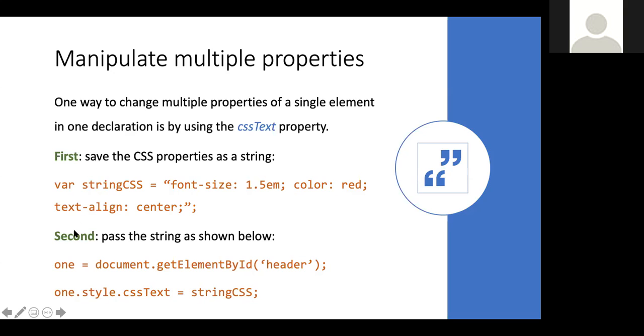And then we pass this string. We first target the element, so getElementById, and then we attach the cssText property there, and we assign the string as a value. But I will show you later. Let me know if there is any question about it.